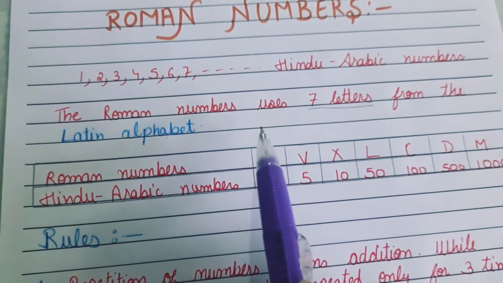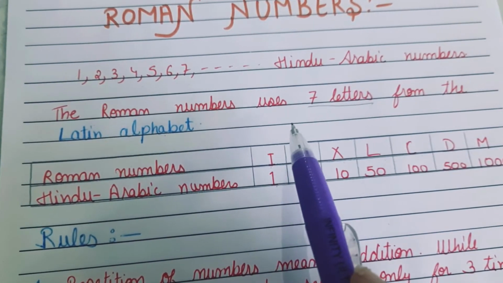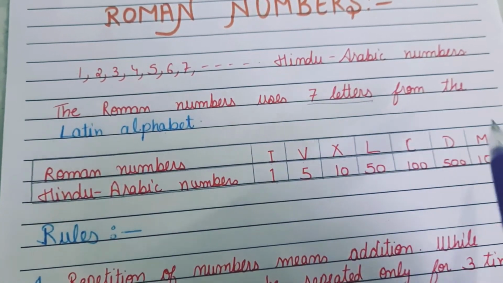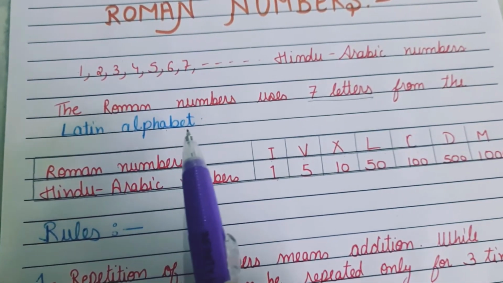In Roman numerals, we use 7 letters from the Latin alphabet.